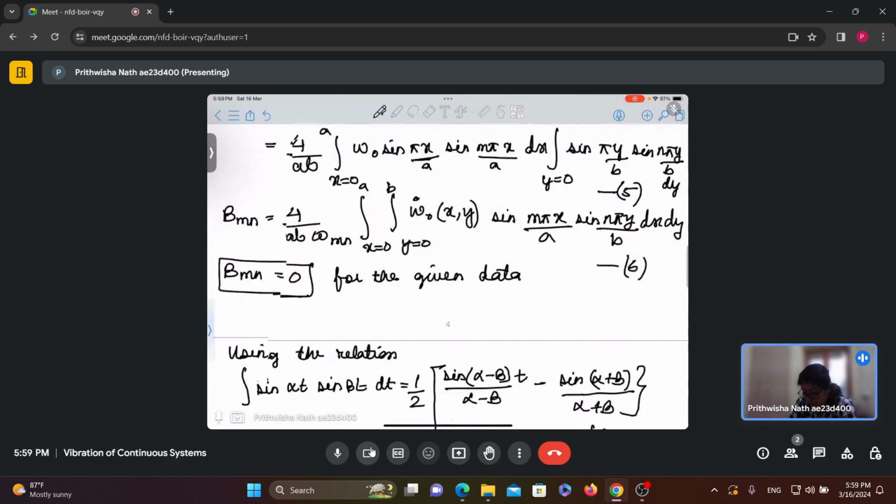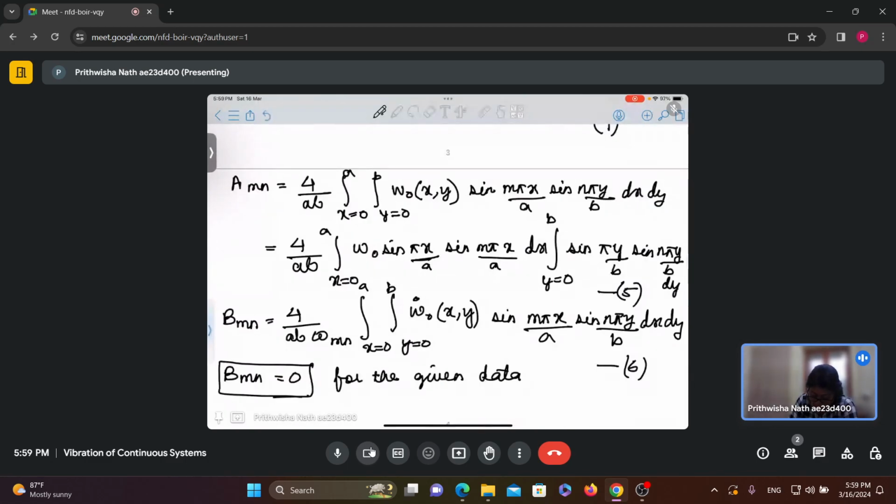Now how can we simplify A_mn? In place of m, I'll substitute 1. In place of n, I'll substitute 1.